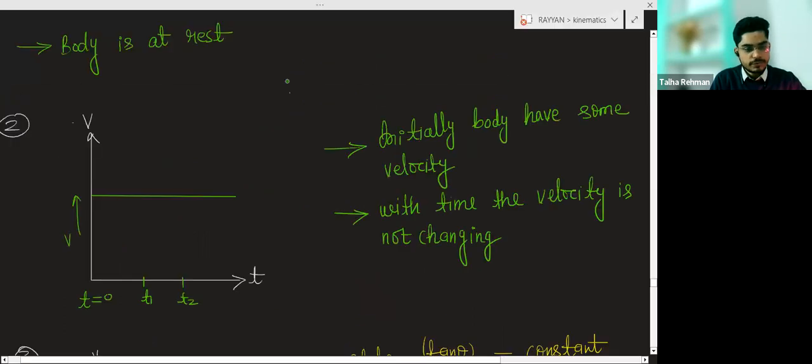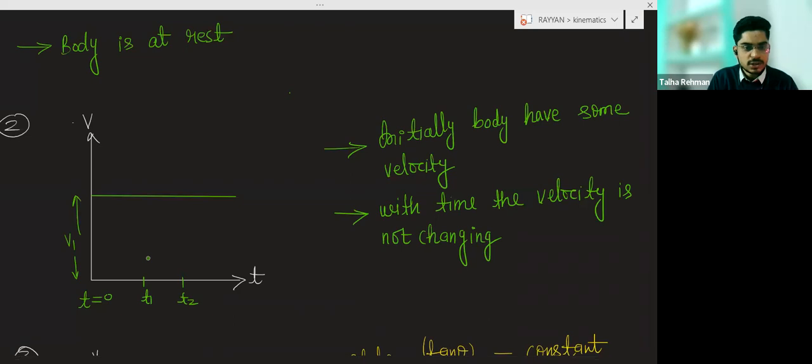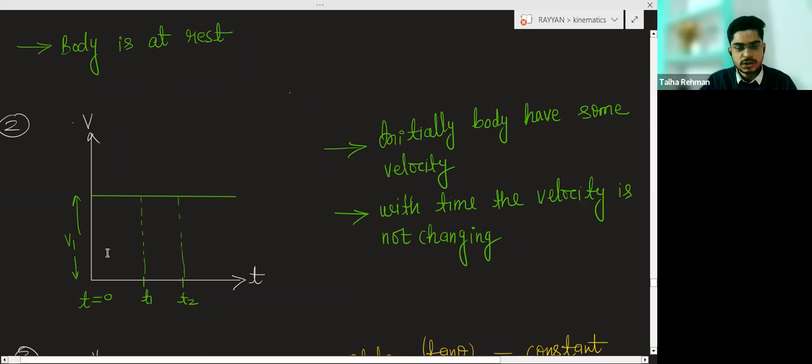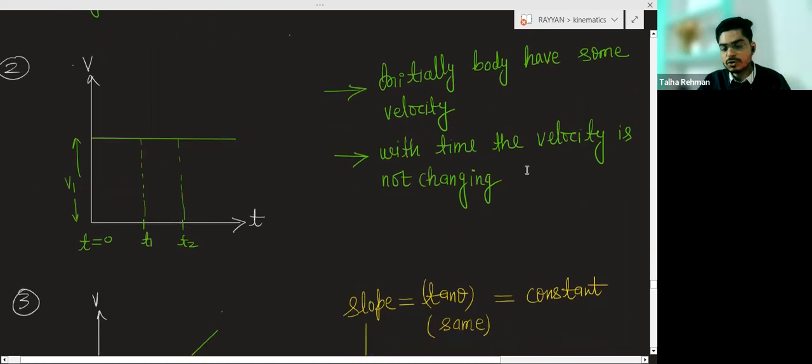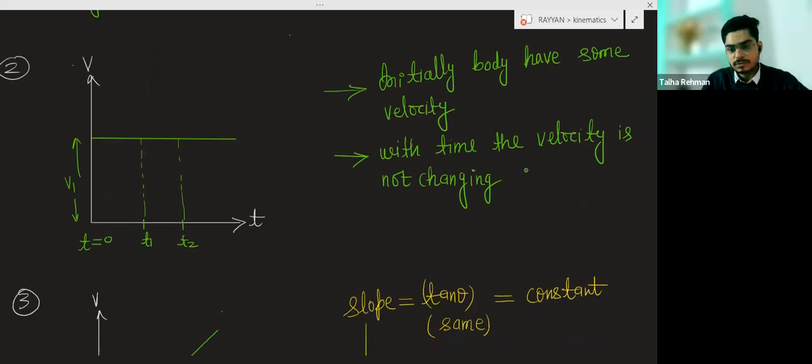After achieving some velocity, the velocity becomes constant, because with time the velocity is not changing. You can see at time t1 the velocity is the same, at time t2 the velocity is the same. So initially the body has some velocity, but with time the velocity does not change and becomes constant.